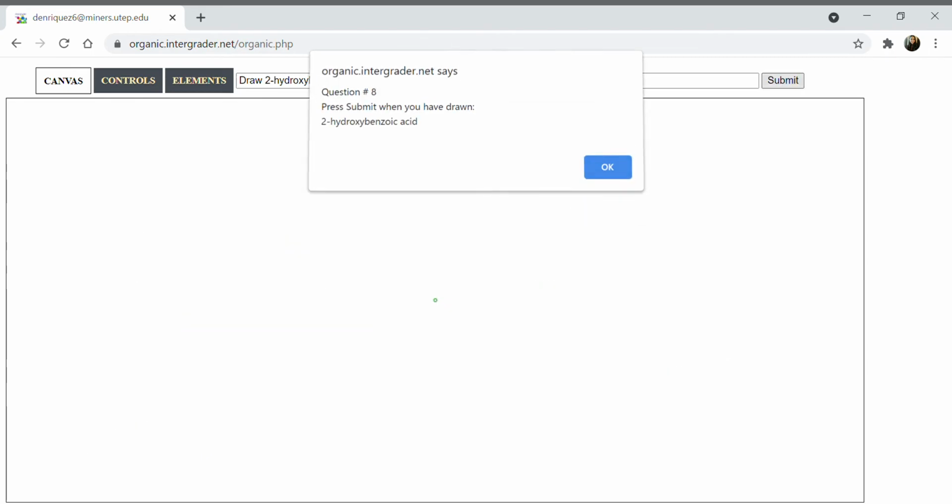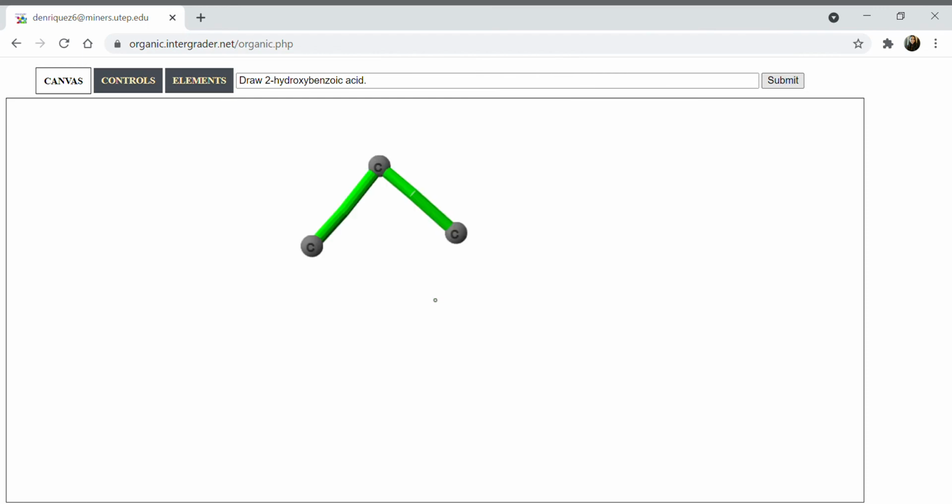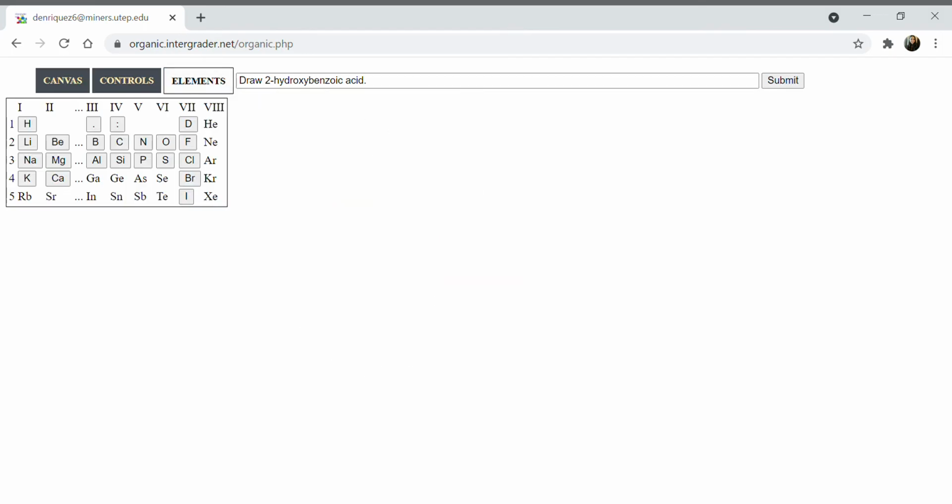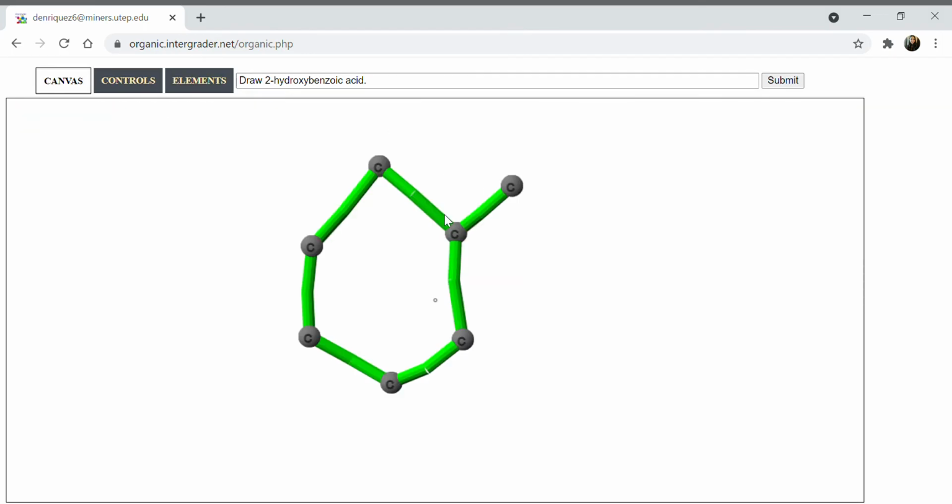Okay, so hydroxy benzoic acid. How I was saying last time with the benzoic acid, I only had this attached, but since I have a hydroxy, I know there's going to be an oxygen at the 2 position. So I'm going to put my carboxylic first, and then I'm going to add my hydroxy group.